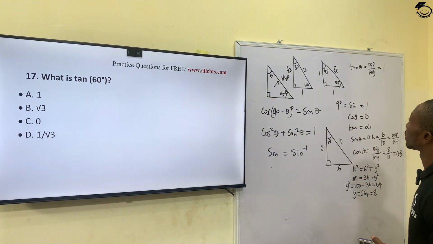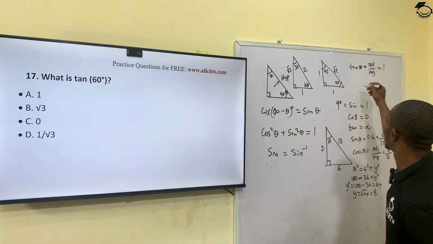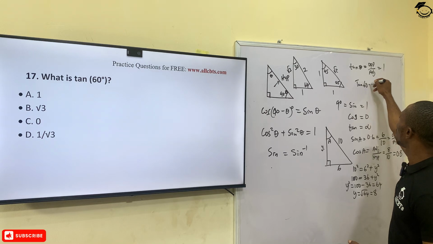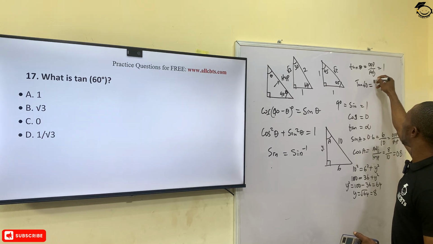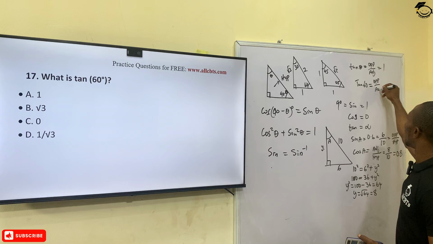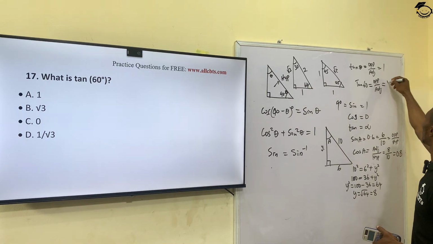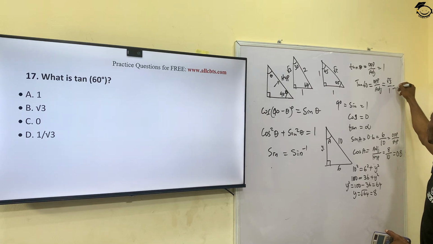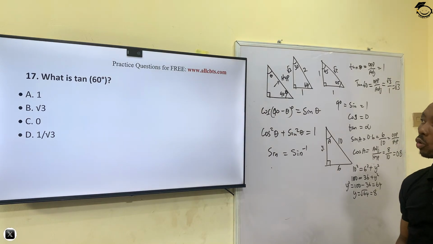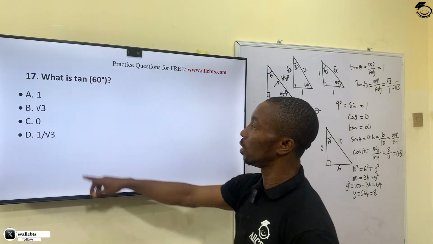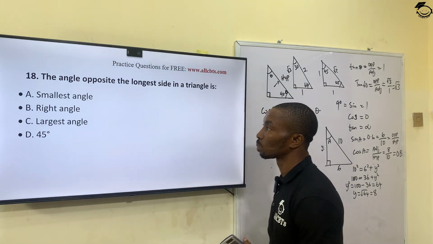So tan 60 would be opposite over adjacent, which gives us root 3 over 1, which gives us root 3. So our tan 60 would be root 3.